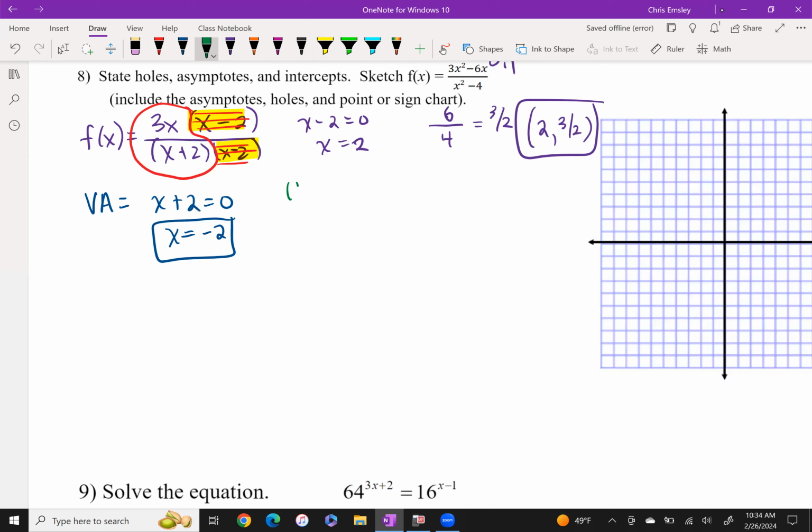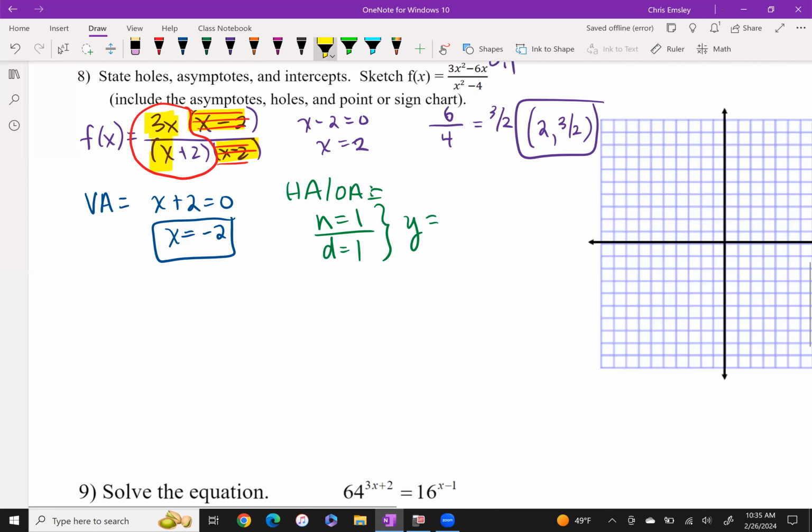Horizontal asymptotes and oblique asymptotes are based on the degree of our function. Again, looking at the reduced function, we have 3x on the top, so that's x to the first power, degree 1. We have x plus 2 on the bottom. Again, that x is just raised to the first power. When we have a matching degree on the top and the bottom, that's when instead of looking at the exponents of our leading term, we look at the coefficient of our leading term.